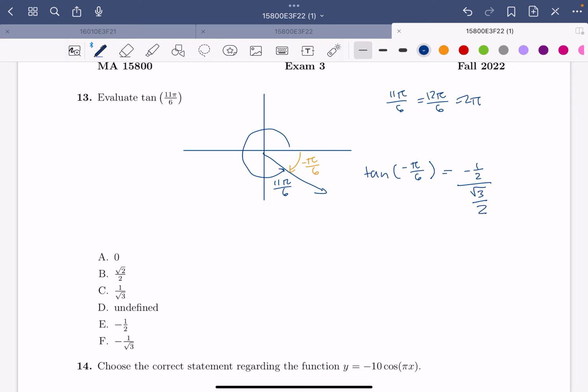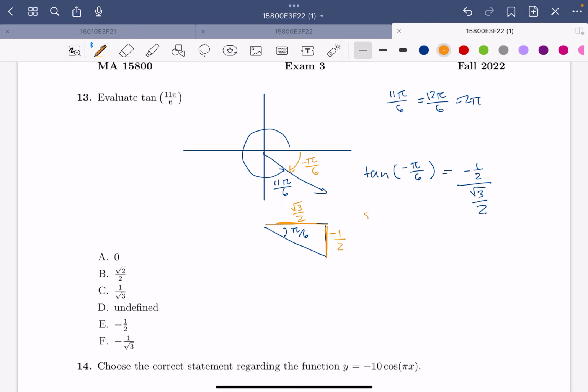If we draw the triangle in the fourth quadrant, and we know that this is pi over 6, we know that this leg, the cosine leg, is longer than the sine leg, meaning that this cosine leg should be root 3 over 2, and this leg should be 1/2, and we know that's in the fourth quadrant, so sine is negative, so this means to be a negative 1/2.